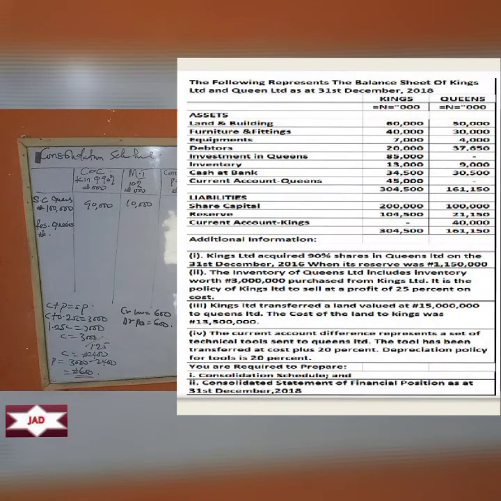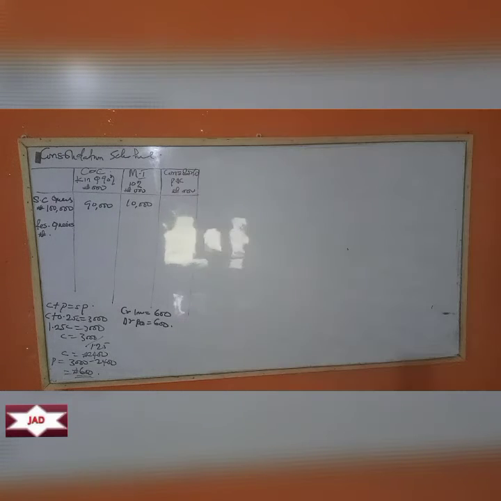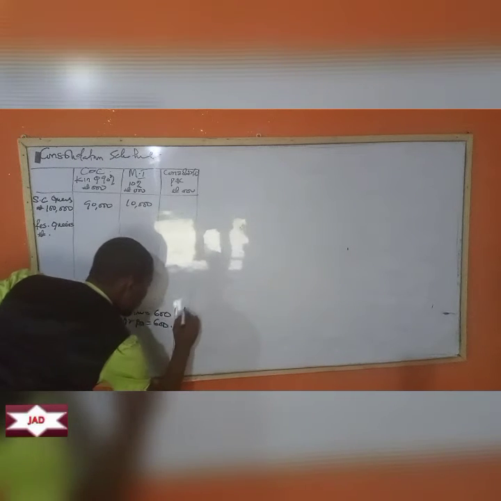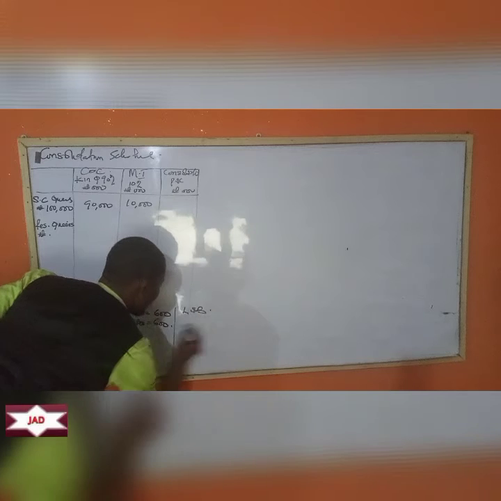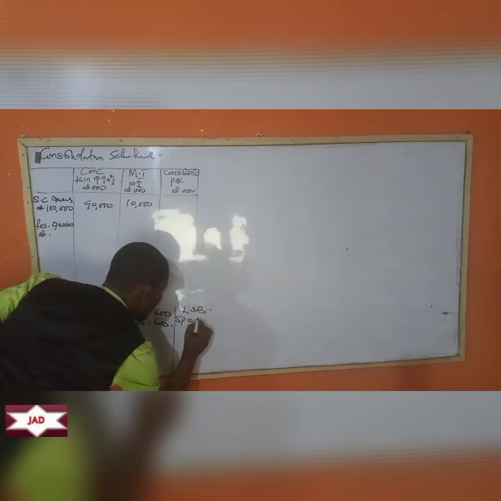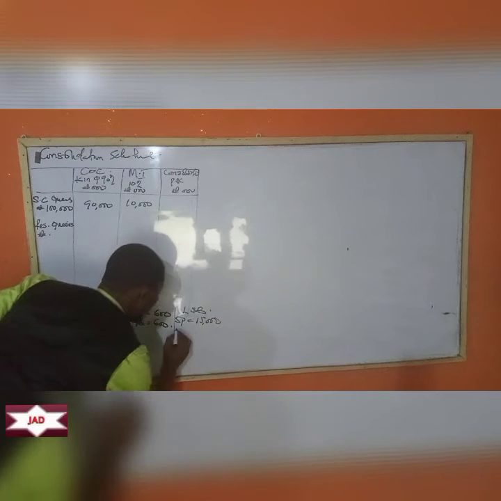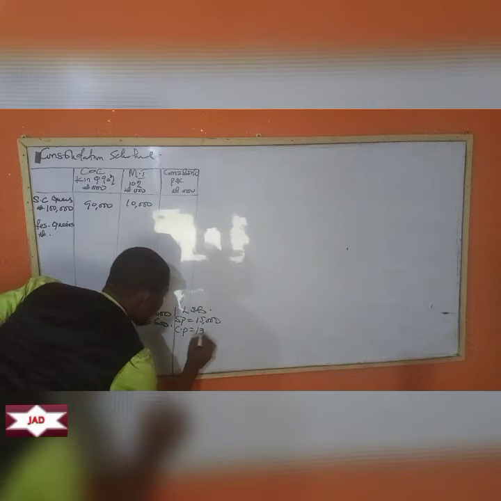That is for unrealized profit on inventory. Now, Kings Limited transferred the land valued at 15 million to Queens. The cost of land is 13,500,000. So we have land and building with a selling price of 15,000,000 and a cost price of 13,500,000.